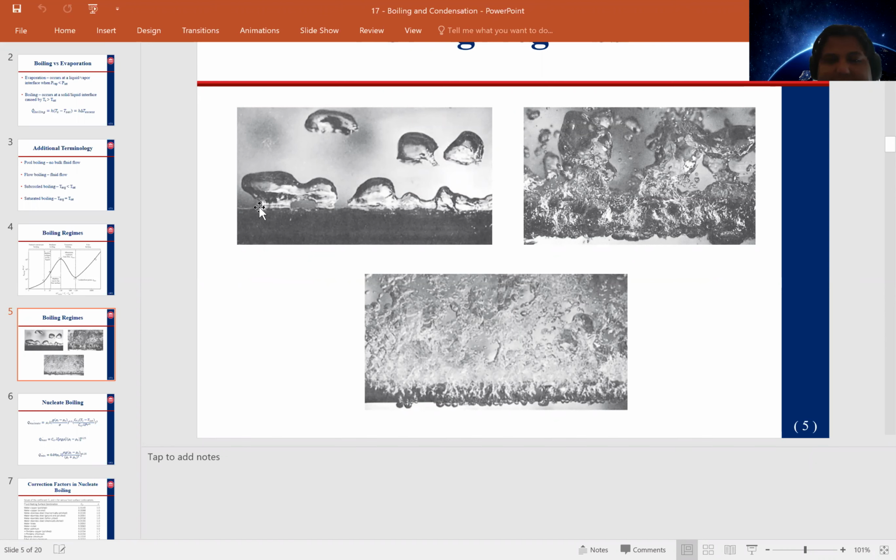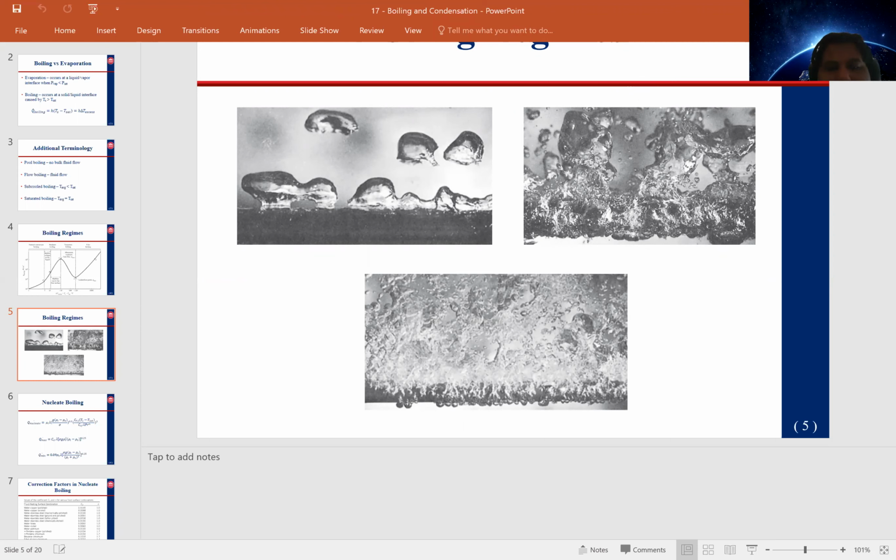We start to see bubbles form and break off from the surface. As we continue boiling, we see the picture in the top right, where we start to see more general boiling of the majority of the liquid at the solid liquid interface. And if we continue to let this system boil, we get to the bottom picture, where the majority, if not all, of the liquid at that solid liquid interface exists as a vapor.